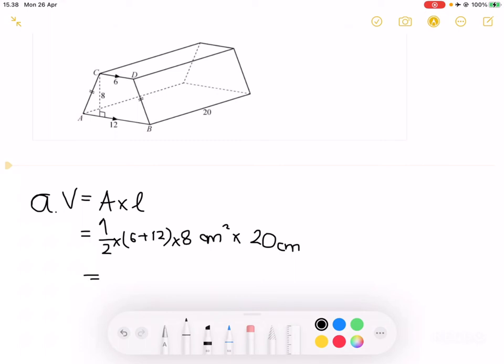This gives 72 times 20, which is 1,440 centimeters cubed.